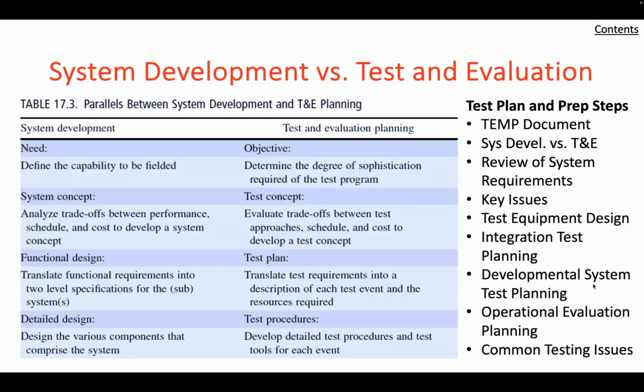And so you have to be doing the test planning and also the operational evaluation planning. And finally, there's a variety of common issues that need to be avoided. So you can look in the textbook to get some more insight into that. So that's just a quick synopsis and finishing up that section.